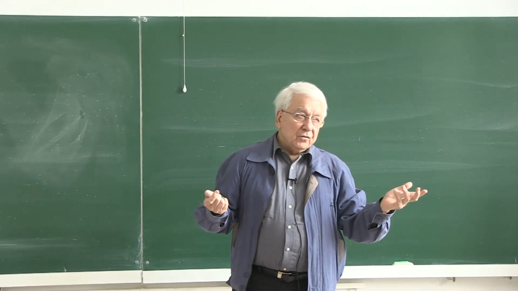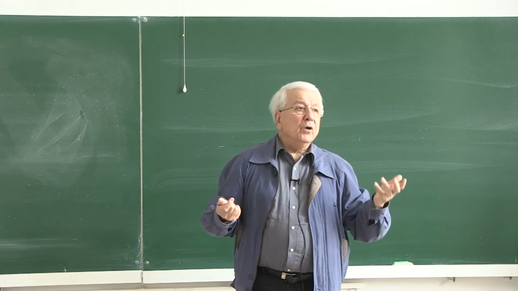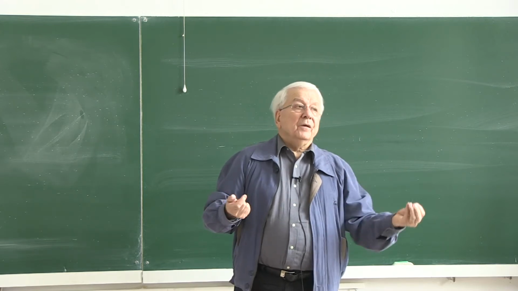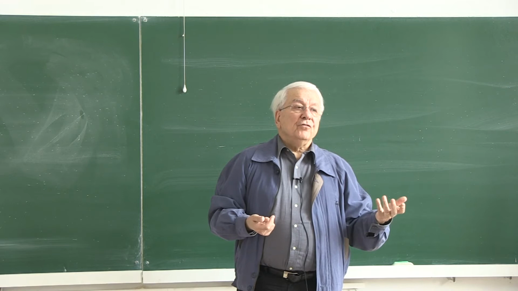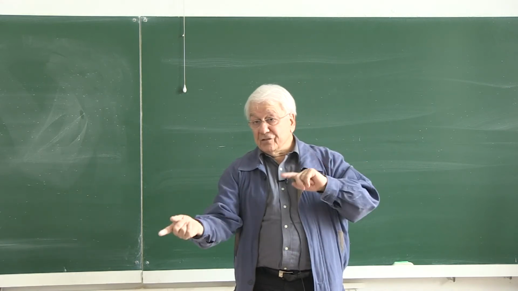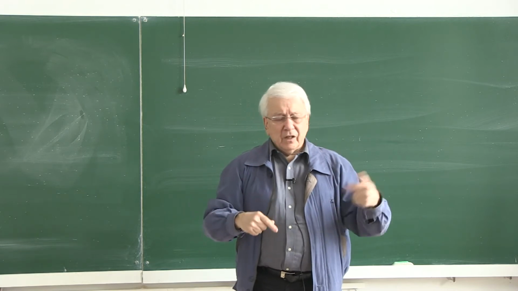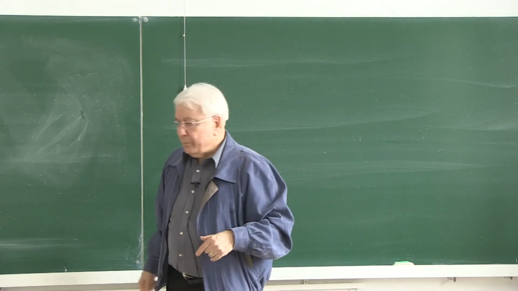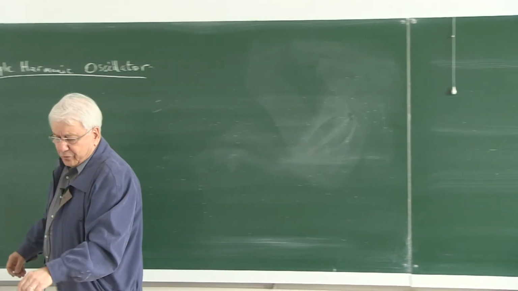So having an oscillatory behavior for the x and p operators is one thing, and considering their expectation values is another thing. And if you want a correspondence relationship between quantum and classical, that is what we have to do. But that's going to come next as we proceed.